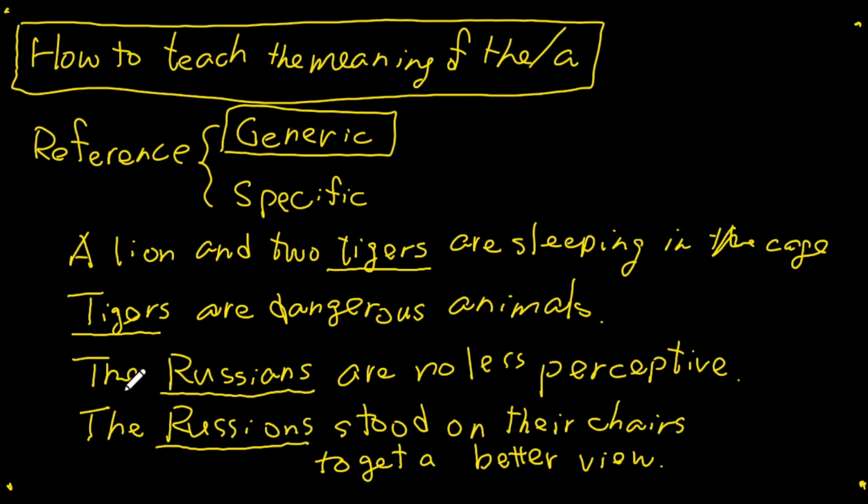So this phrase, the Russians, is generic, and this phrase, the Russians, is specific, but both have the same form. So it's kind of difficult to figure out whether the reference is generic or specific, since the form is the same.